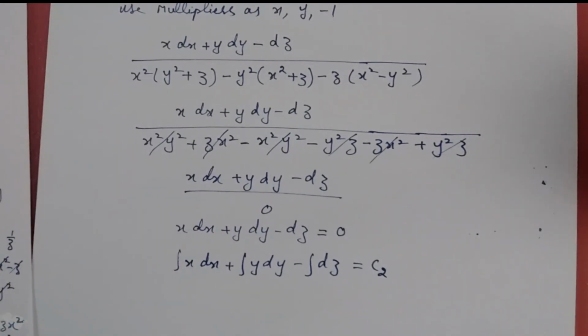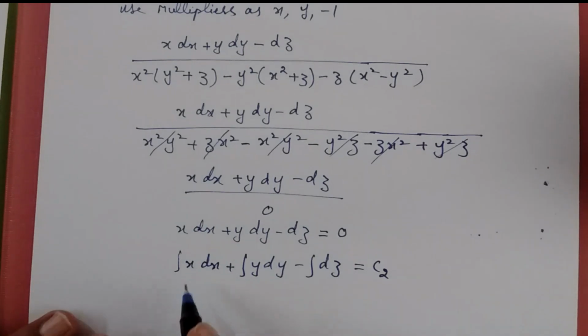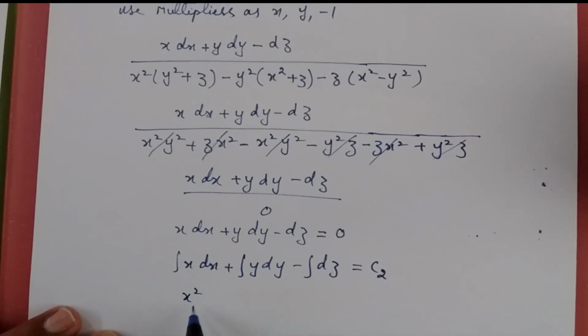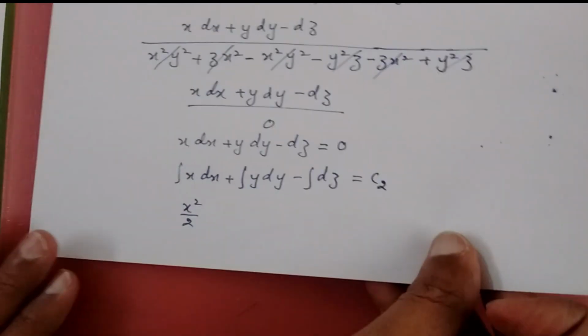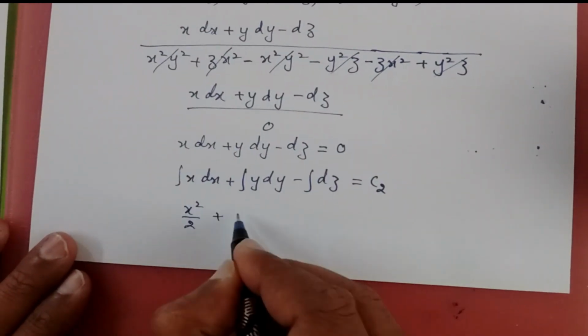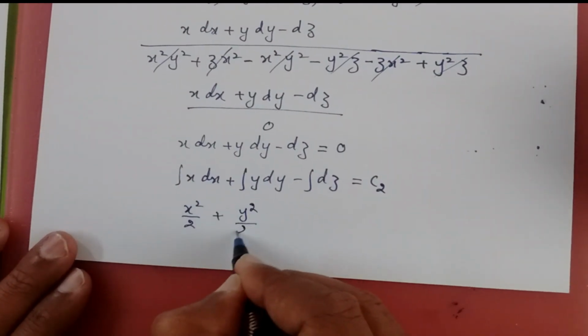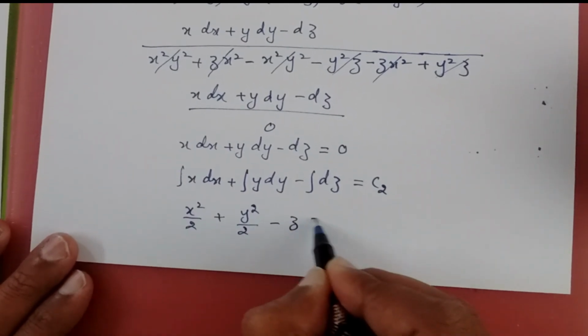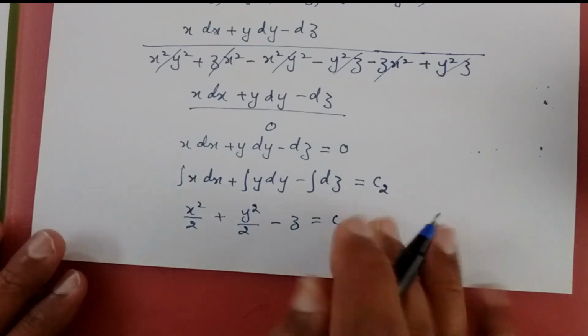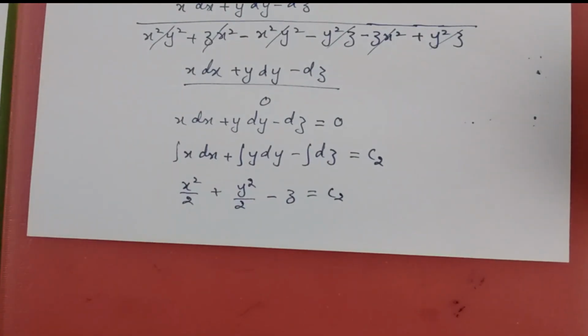So let us try to integrate this one. So integral of x will be x square by 2 plus integral of y will be y square by 2 minus integral of dz will be z is equal to c2. Or we take the LCM as 2 here.